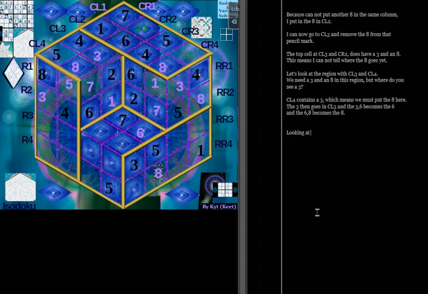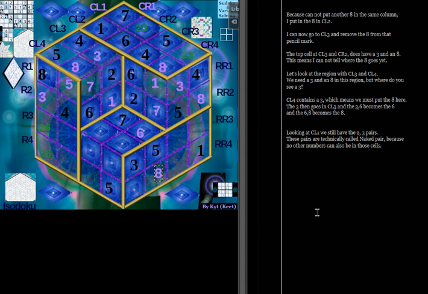Now looking at column left 1, we still have the 2, 3 pairs. These pairs are technically called the naked pair because no other numbers can also be in those cells.